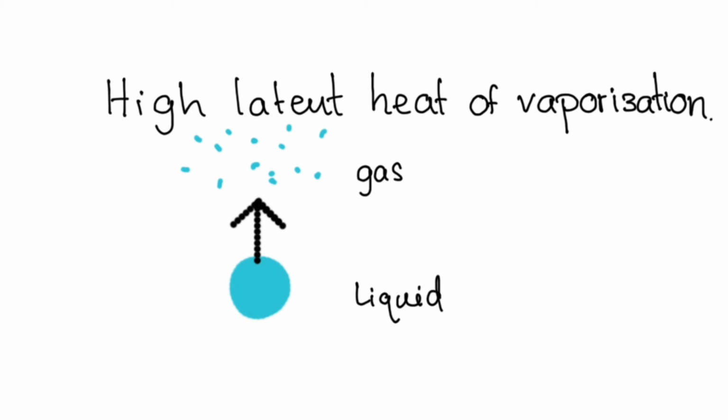So it needs a high amount of heat energy. So water has a high latent heat of vaporization. This feature is helpful, giving the body a cooling effect. Like when sweating, water absorbs a lot of heat energy from the body, so it gives us a cooling effect.